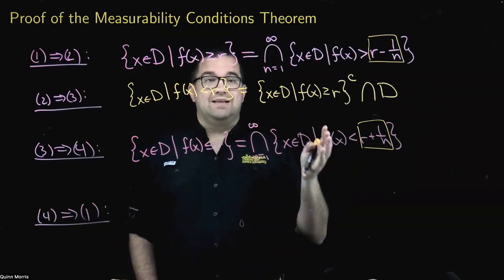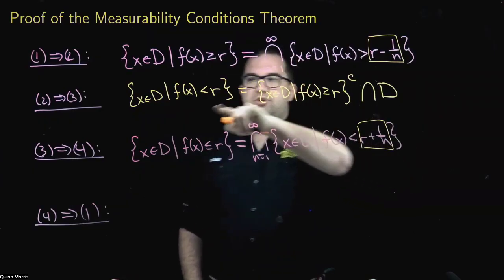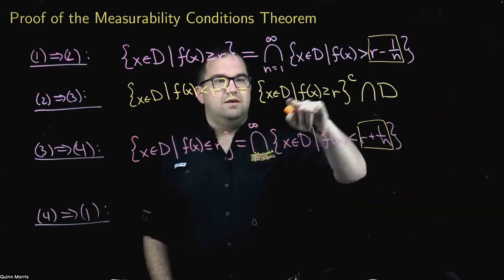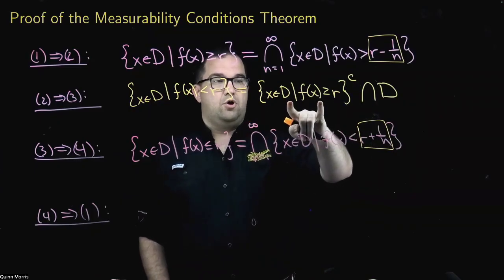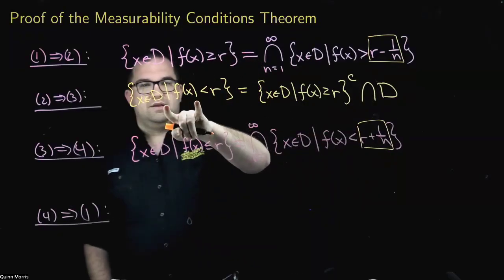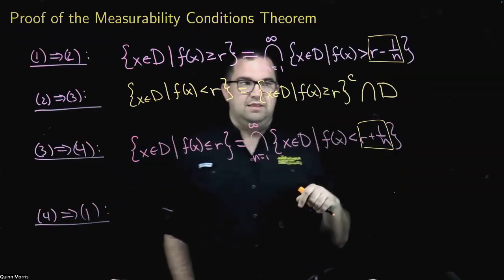In fact, it includes every x that's not in the domain. So we have to intersect it again with the domain to get us back to this set. So the complement of this set gives us everything that's not in the domain plus things that are in the domain, but for which f of x is strictly less than r. So we intersect it with the domain to get back just the x values that are in the domain such that f of x is strictly less than r.